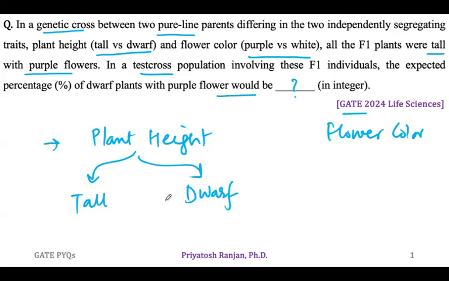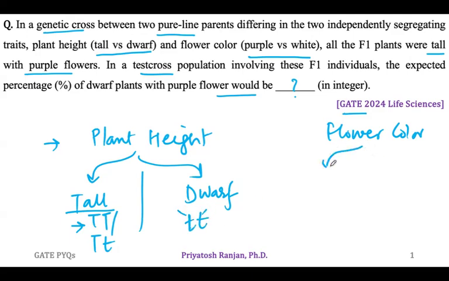We can consider tall as dominant and represent it with T. Remember, the tall plants are going to have genotype either capital T capital T, or capital T, small t. Since tall is dominant, a single copy of capital T is sufficient to show its phenotype. However, dwarf being recessive, it needs to be in a homozygous condition.